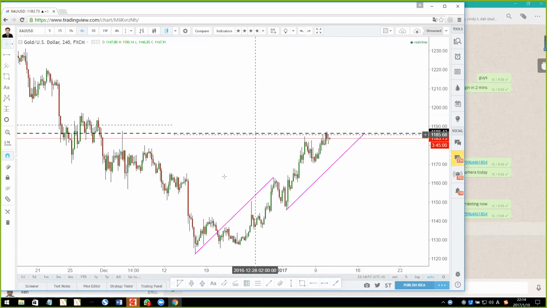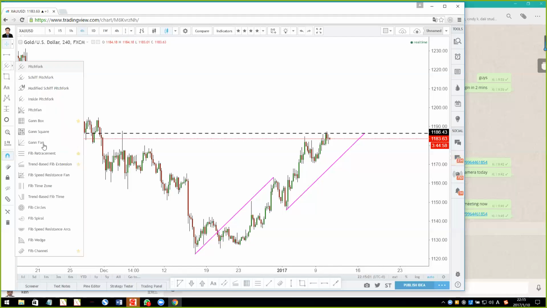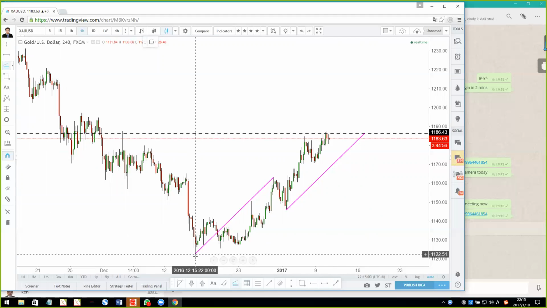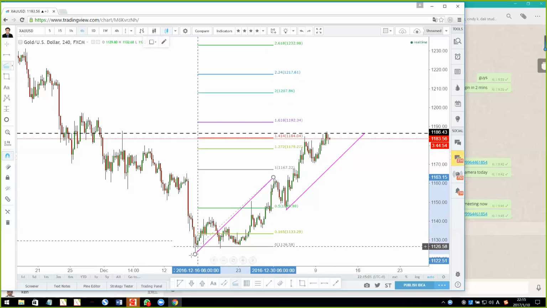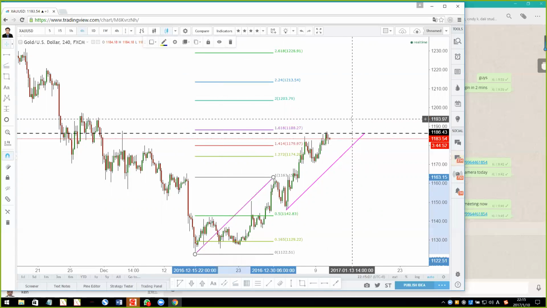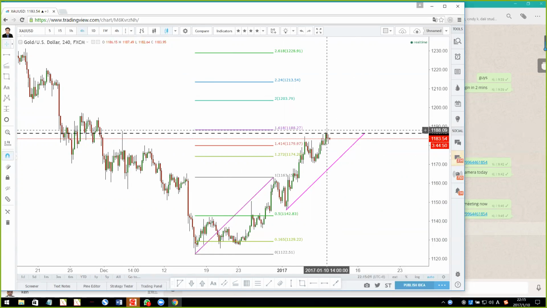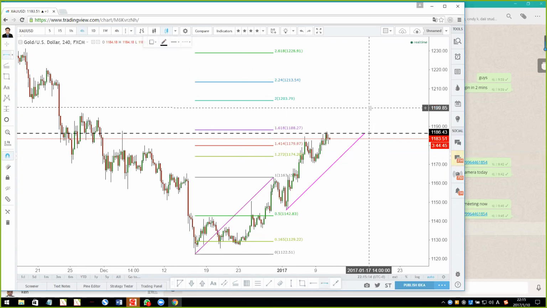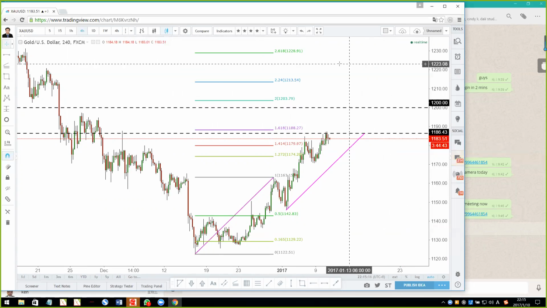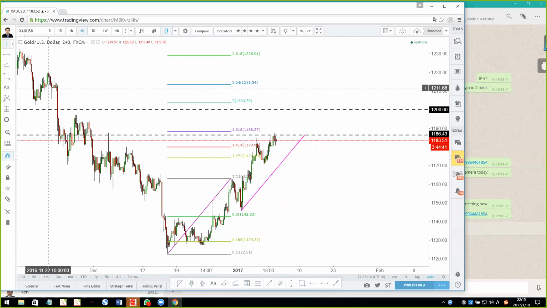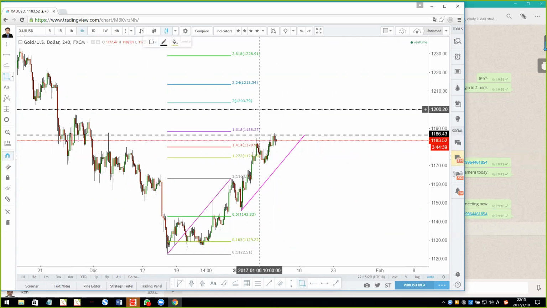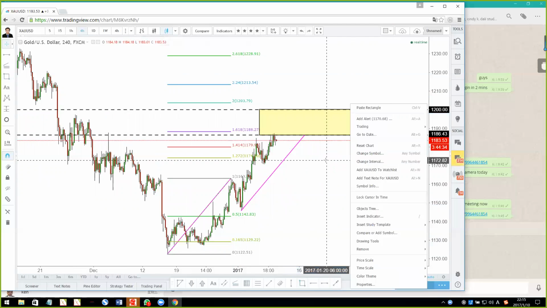My Fibonacci extension tells me that it possibly will hit 1188.27, and the 1,200 level is here. So now I know that the gold will face a very good resistance in this zone.